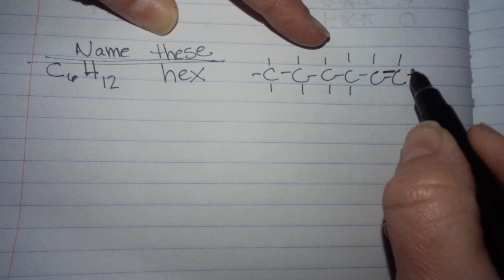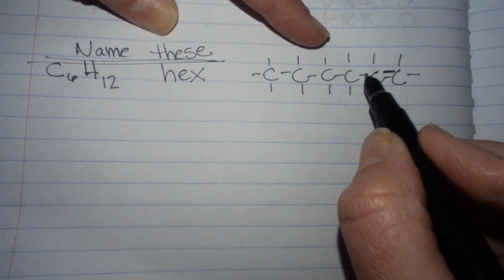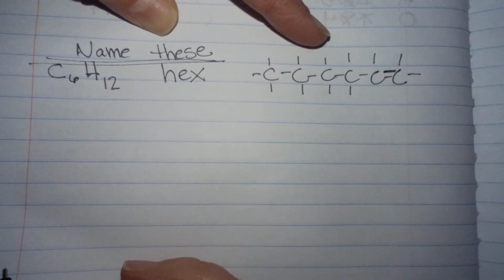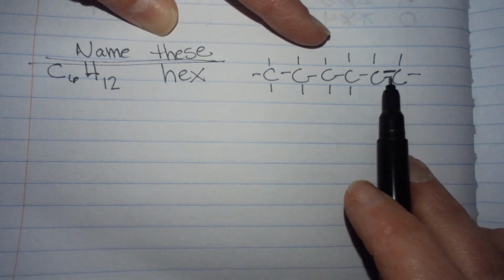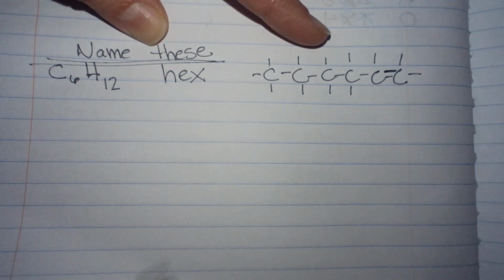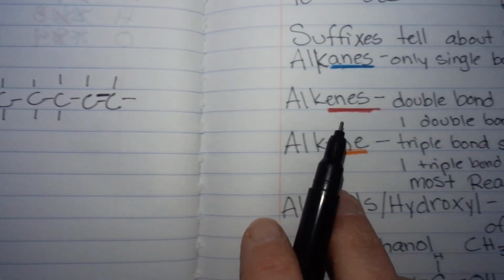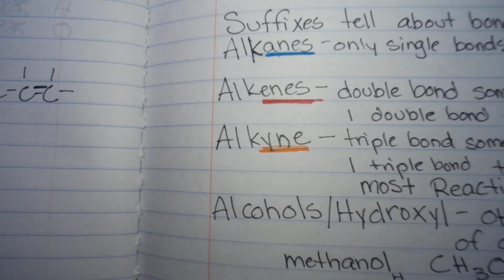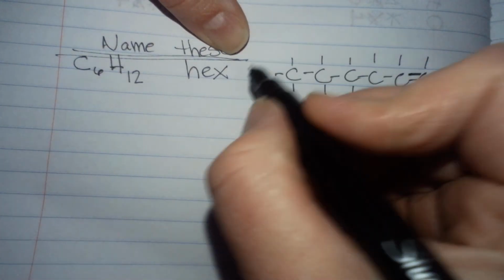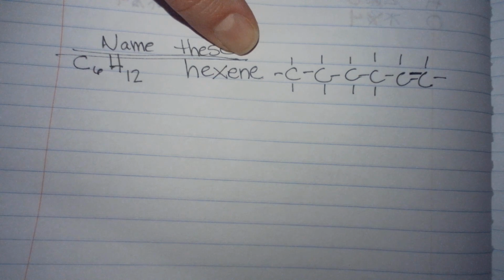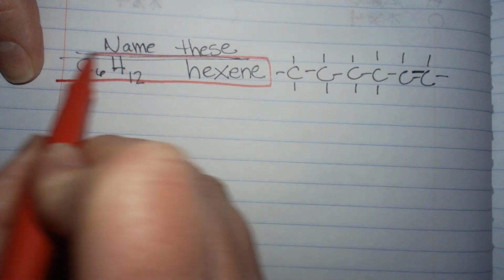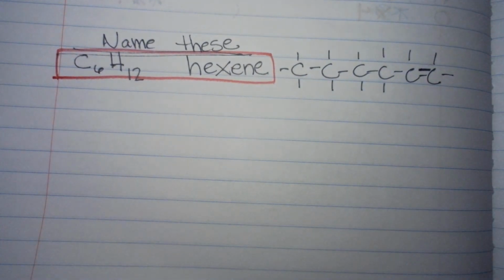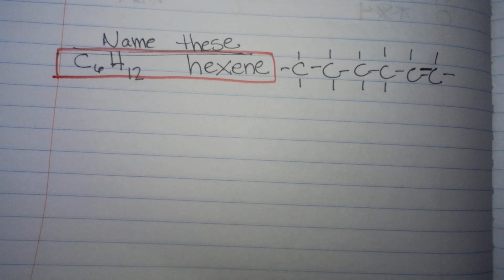So now I have 1, 2, 3, 4 around that carbon, 1, 2, 3, 4 around that carbon, and all of the other carbons have 4 as well. So now I can say, well, there's got to be 1 double bond in order for this number of hydrogens to work. So I know that I have to have an alkene ending for my double bond. So this molecule is hexene. Okay. Give me a thumbs up if that makes sense. Okay. Sideways still? Okay.